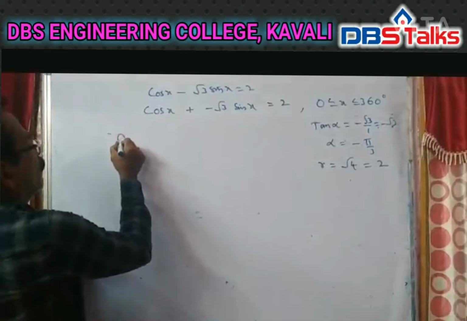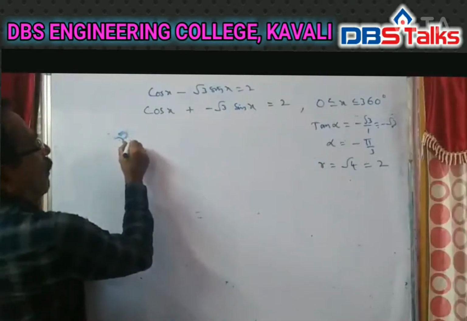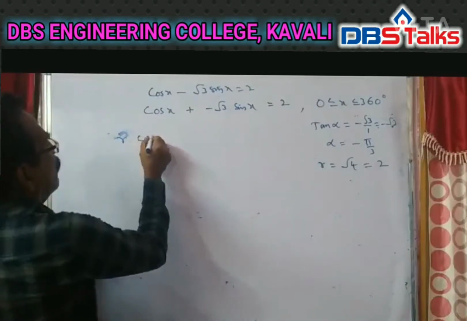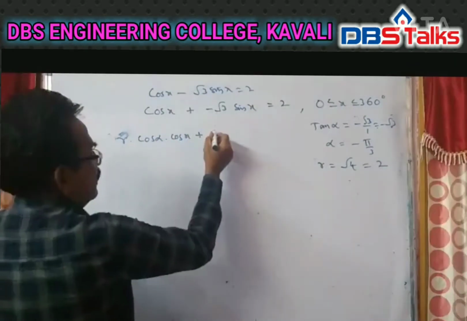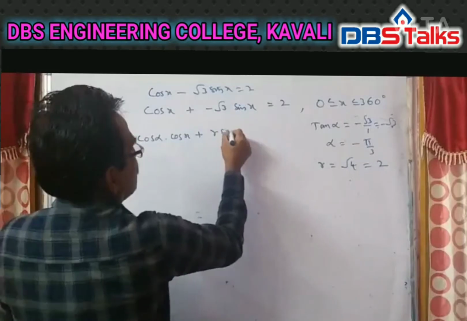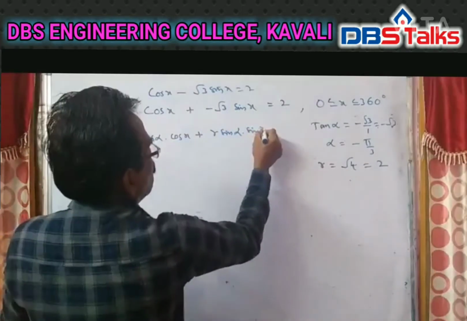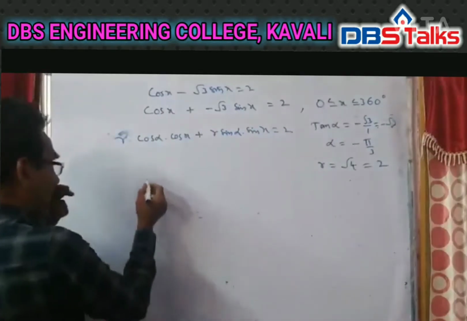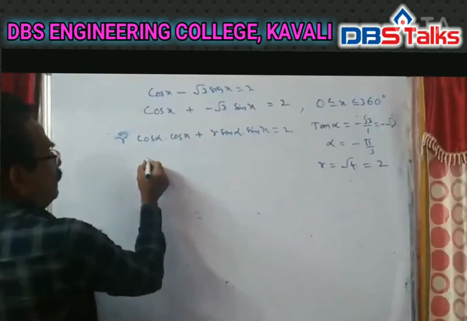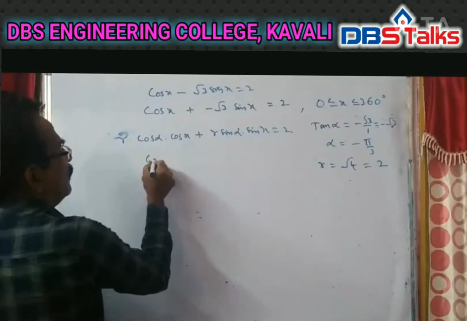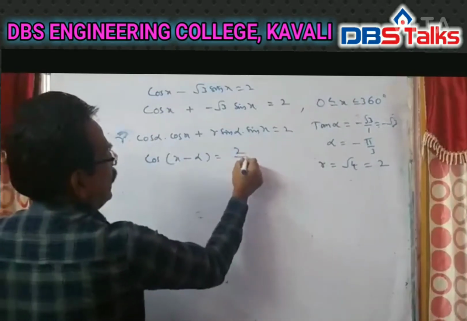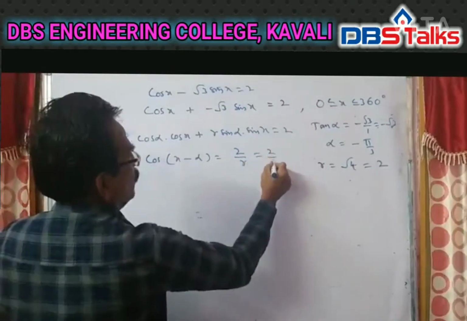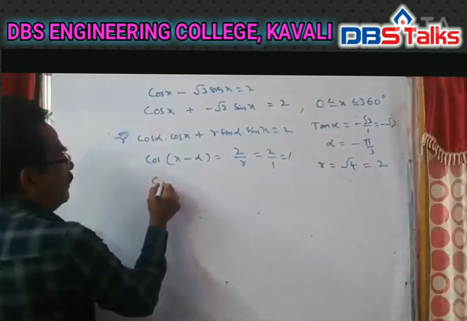Now r cos alpha into cos x plus r sin alpha into sin x is equal to 2. Cos a cos b plus sin a sin b is cos of a minus b. Cos of x minus alpha is equal to 2 by r, that is 2 by 2, that is equal to 1.